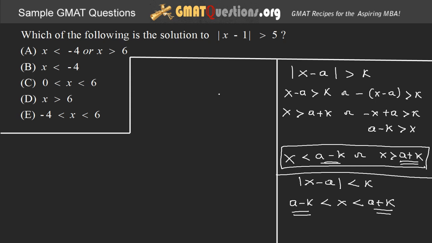And I can actually draw here. Let me change color so you can see it better. In this case, you have a minus k, a plus k, and x is here, outside.